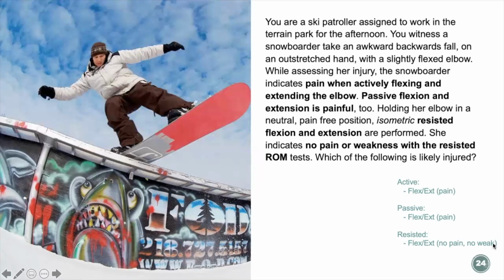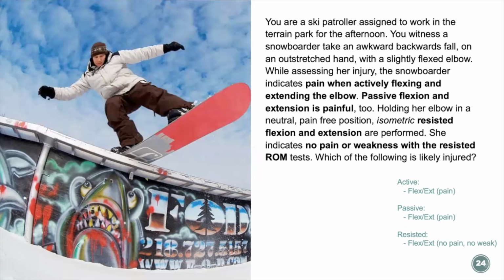So now, if I go back to those results findings that we just looked at a moment ago, when we have pain when there is movement of the joint, but it's not showing any weakness when we are performing our resisted range of motion testing, that's already giving us a clue of what type of tissue might be the one that is injured.